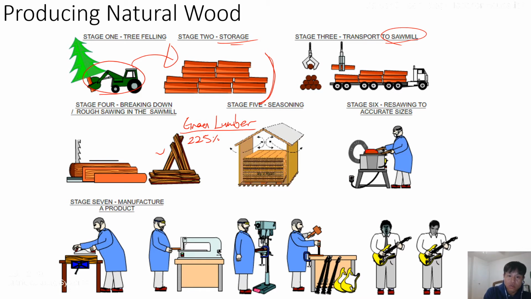That's why we send it to another stage called seasoning, where the wood is dried. Then it is sent to the store, so that we can buy standard size lumber and make our own product using cutting, sawing, or milling. This will be our final product. These are the wood processing steps.